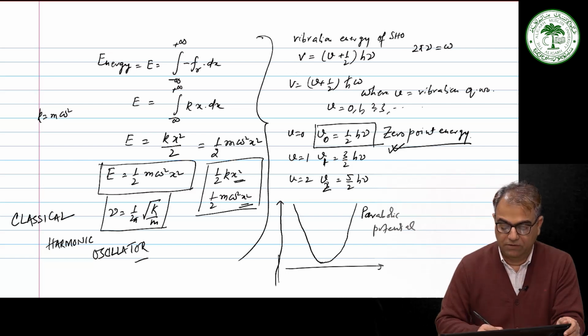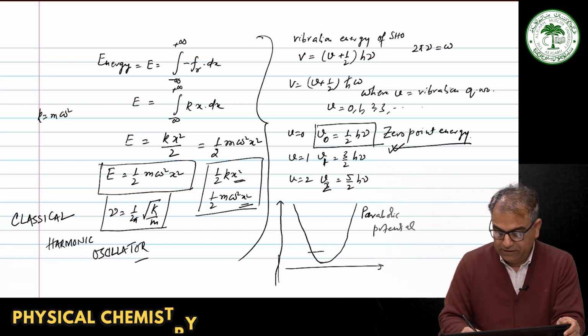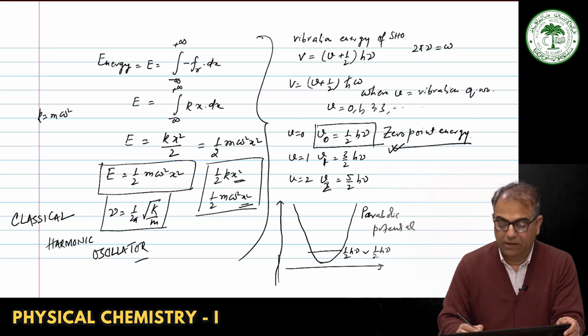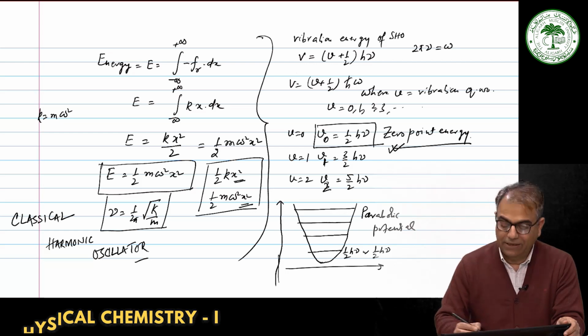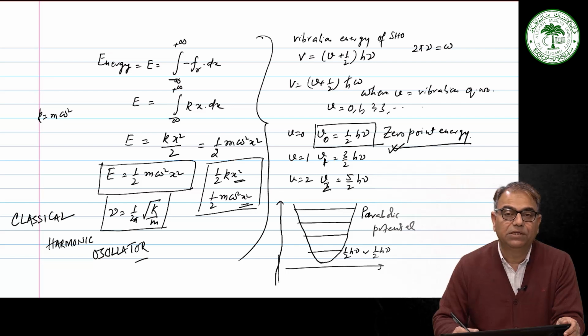And if you draw the energy levels, this is the minimum energy, the zero point energy, half h nu or half h cross omega. Then you go for the second, third and fourth energy levels, and the next will be 3 by 2 h nu or 3 by 2 h cross omega.